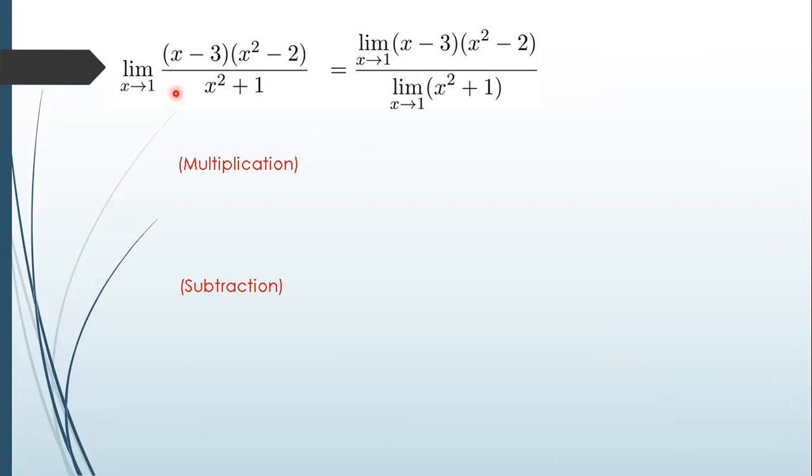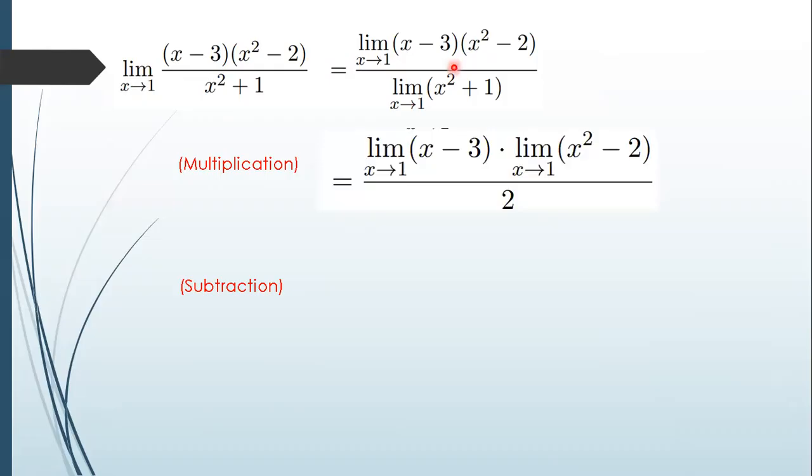After that is the multiplication. As we go, we multiply it like this: the limit of x minus 3 as x approaches 1 times the limit of x squared minus 2 as x approaches 1, all over 2.